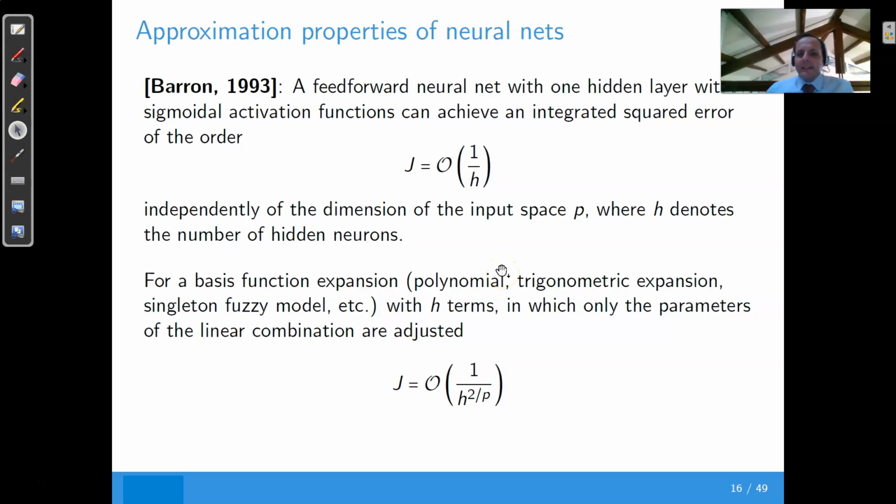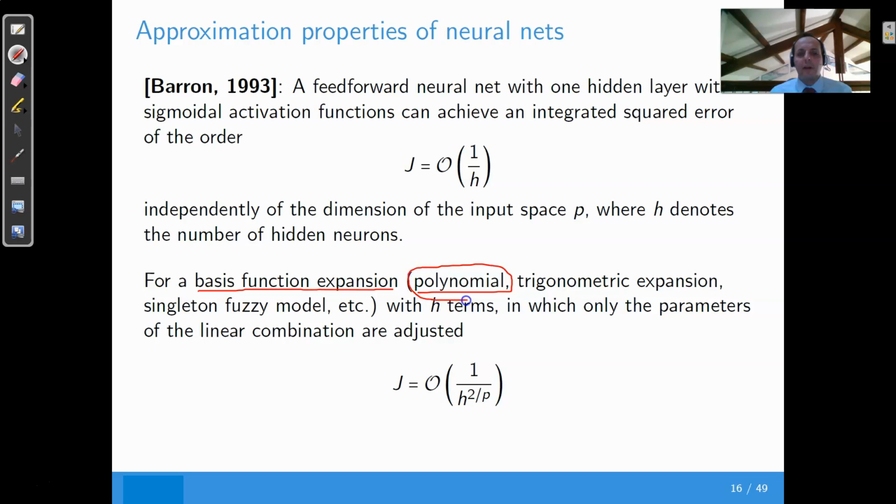And we have another important result, which is used as a comparison. If you consider, instead of neural networks, basis function expansion, for example, polynomial.